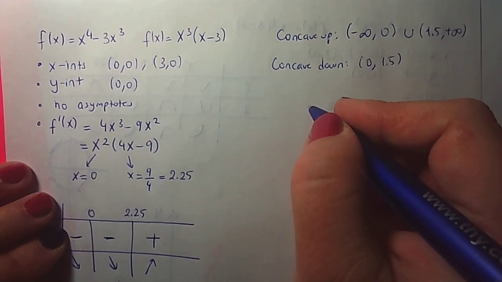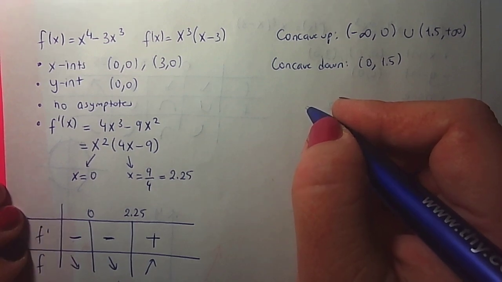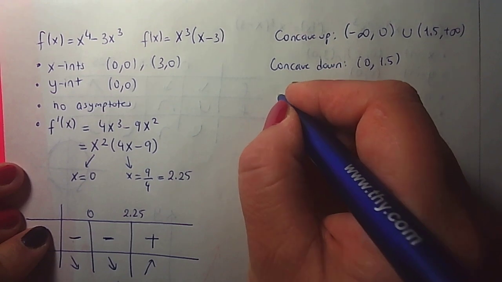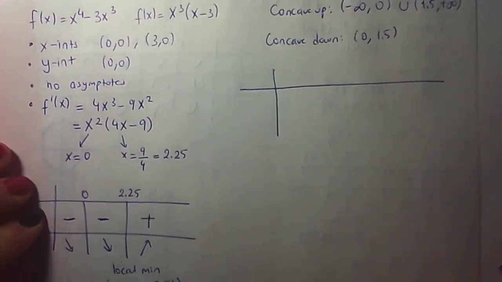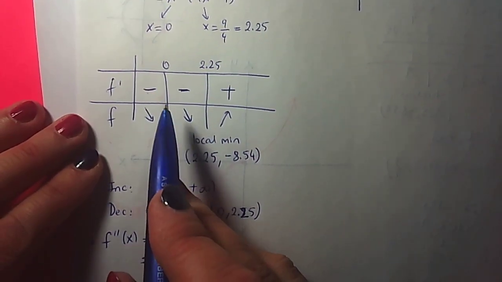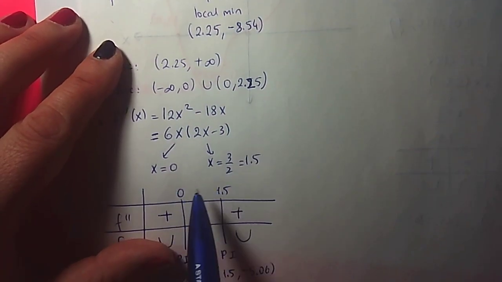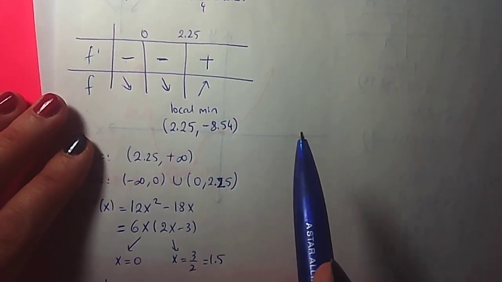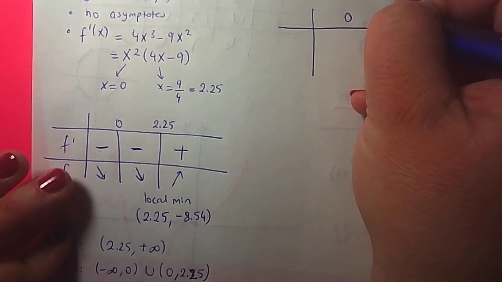Next step would be combining the first derivative test table and the second derivative test table to check the shape of the curve in each interval. So when we are combining, you need to take those values from the first derivative and second derivative. So we have 0, 2.25, 1.5, put them in order from smallest to largest.